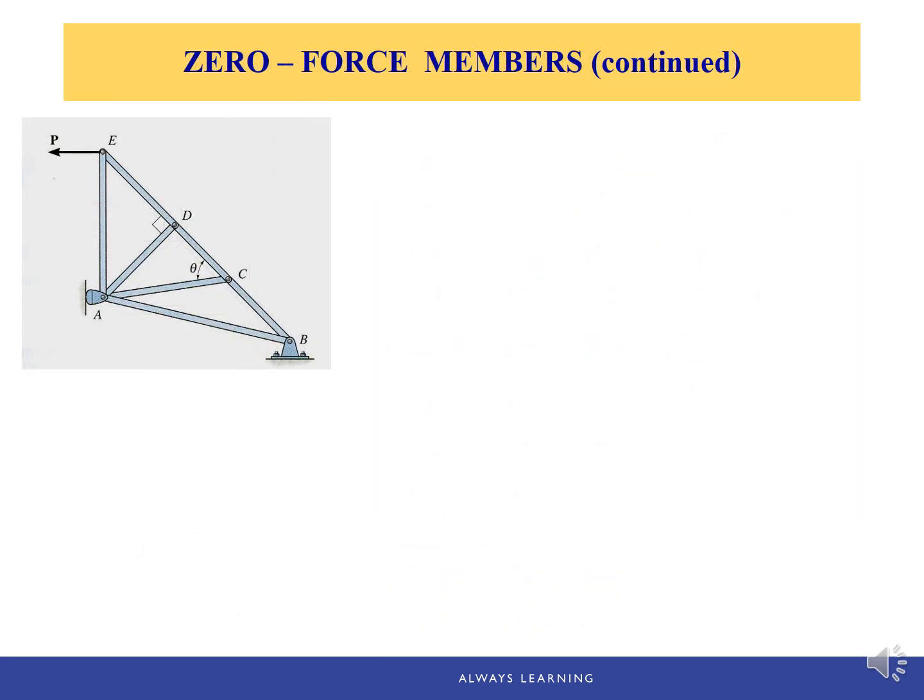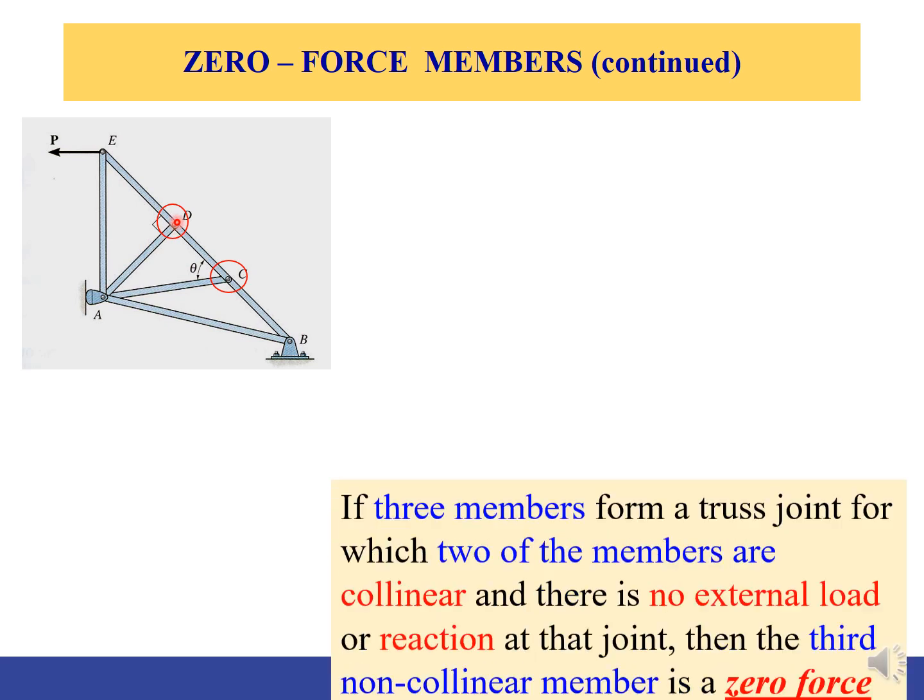And there is another type of zero force member. Something like this: at pin D and pin C, there are three members joined by the pin.